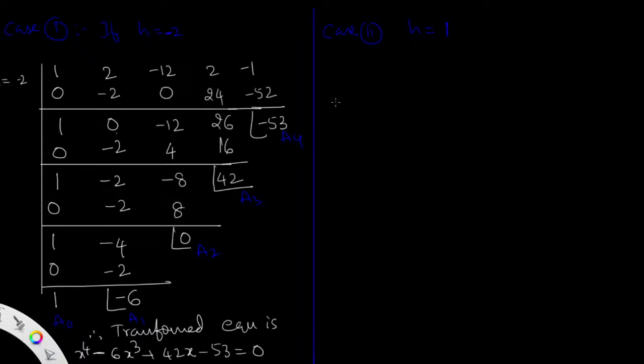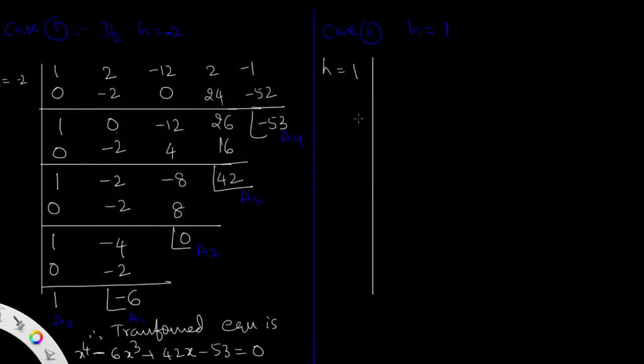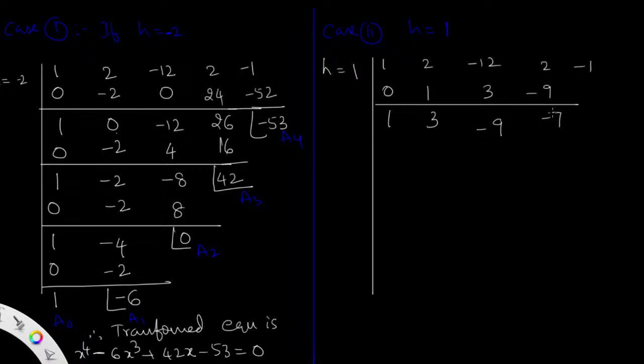Then similarly for the second case, by the same method, h equal to 1, we do Horner's process. Write the coefficients 1, 0, 0, minus 12, and 2 and minus 1, starting with 0, then 1, 3, minus 9, and then minus 9, minus 7, and then minus 8.